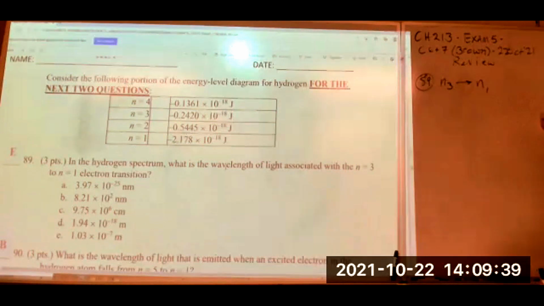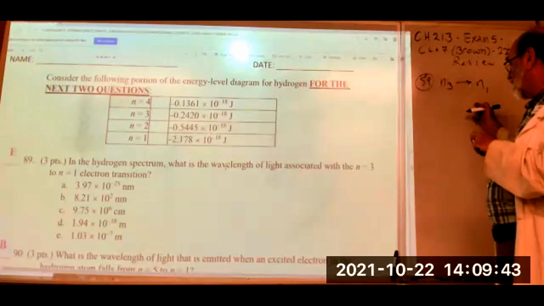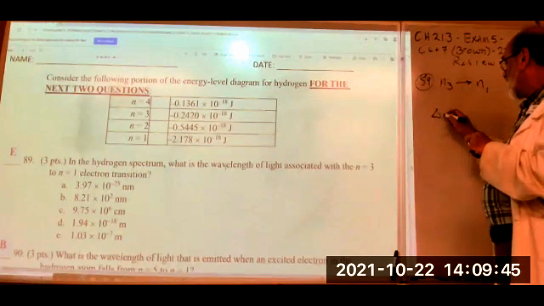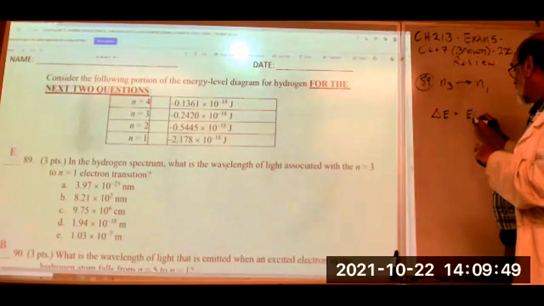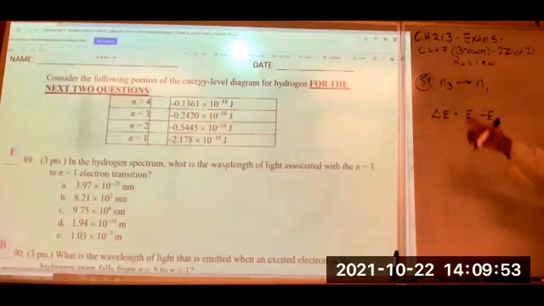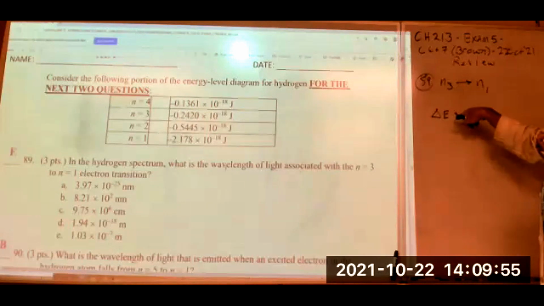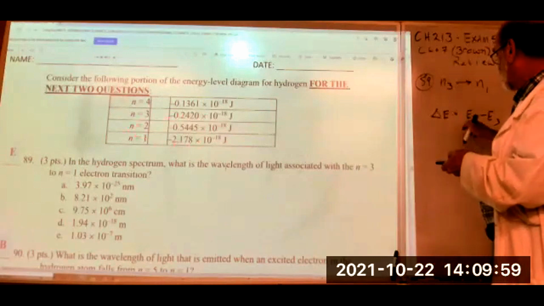Right? So this is the final energy level, N equals 1. So the change in energy is going to be the energy for 1 minus the energy for 3. Right? Final minus initial.